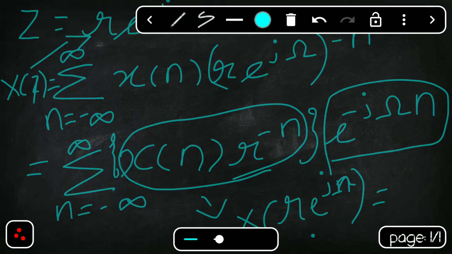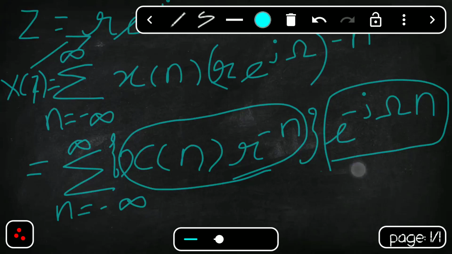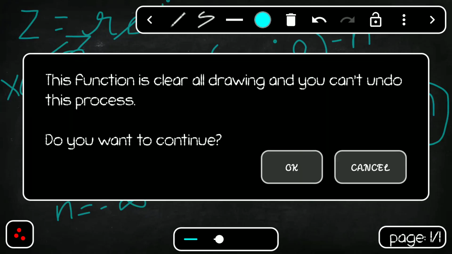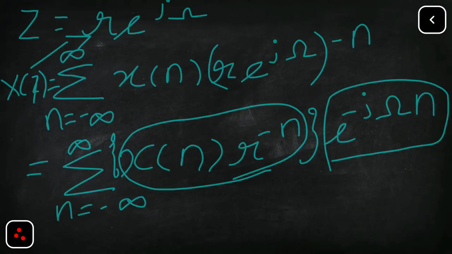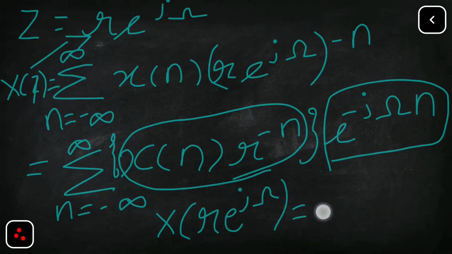Let me write that. So here, x of r e to the power of j omega is equal to the Fourier transform of x of n into r to the power of minus n, right? Yes. So that is what he has told, right?